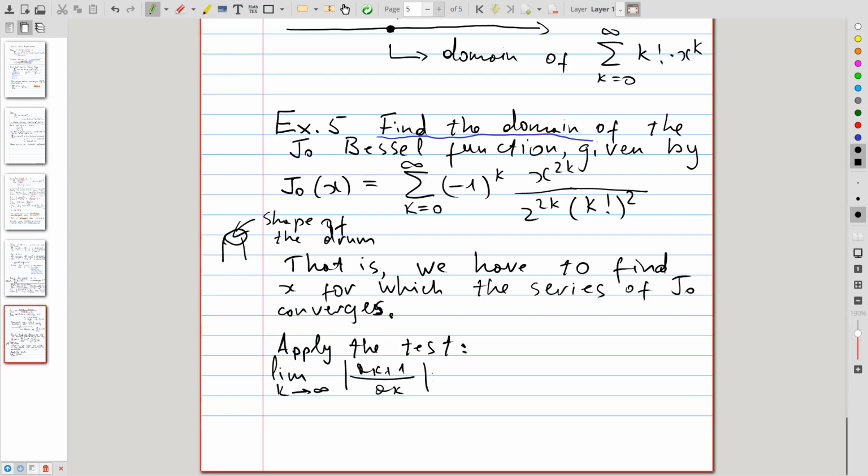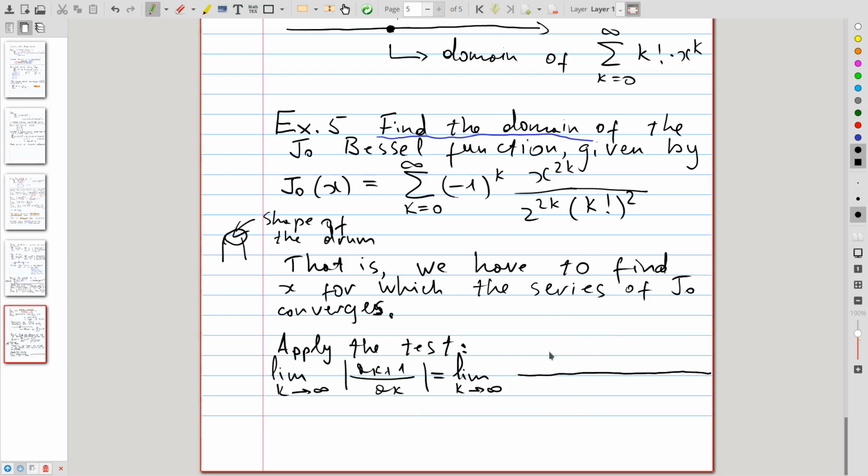Now, what is a_(k+1)? In this case, we have a tricky expression for a_(k+1) because a lot of terms in here depend on k, so let us be a little bit careful. Let us draw a big fraction and put everything a_(k+1) related on the top and all the terms a_k related on the bottom.